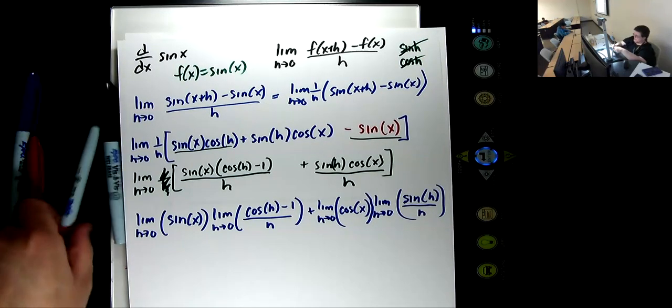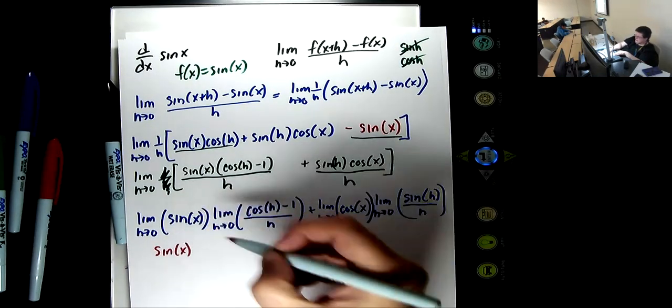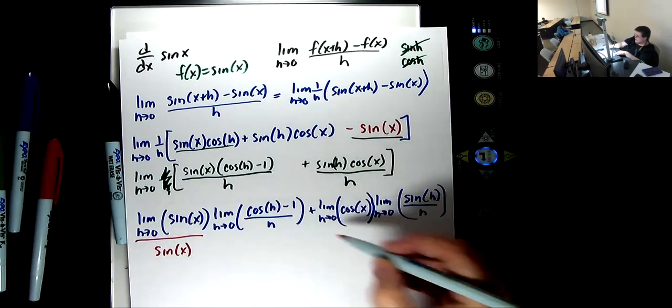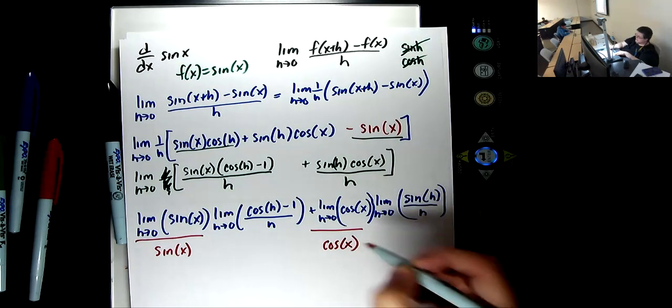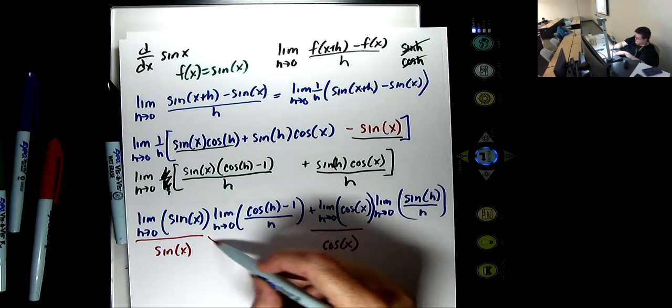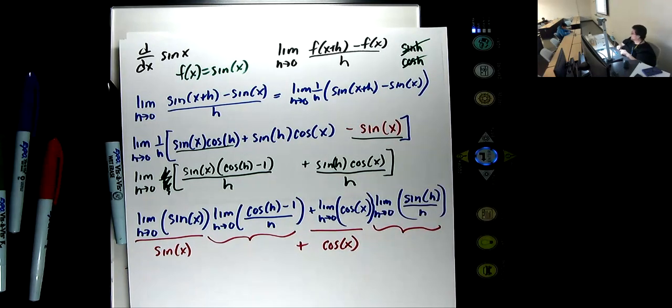Well, this part doesn't change. This is still sine x, because as h goes to 0, that doesn't do anything. H going to 0 here doesn't do anything. What about these two? I don't know that it was day one, but pretty close.